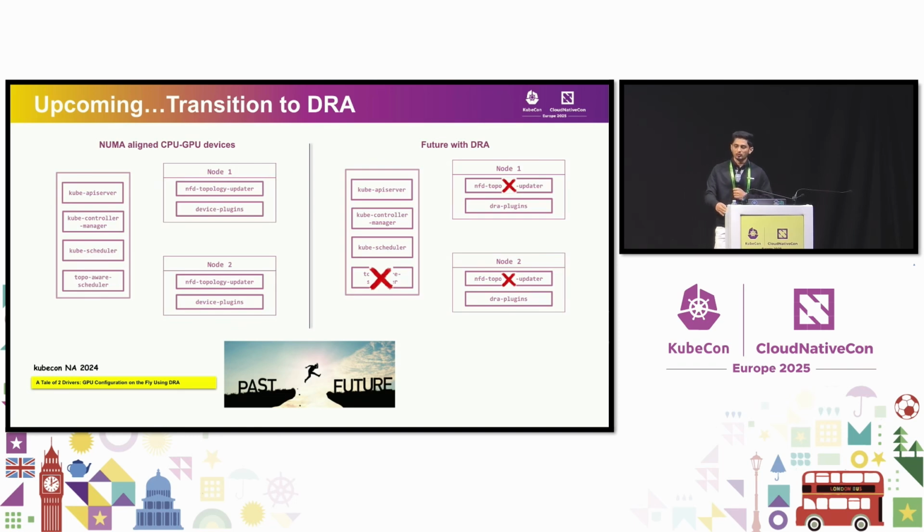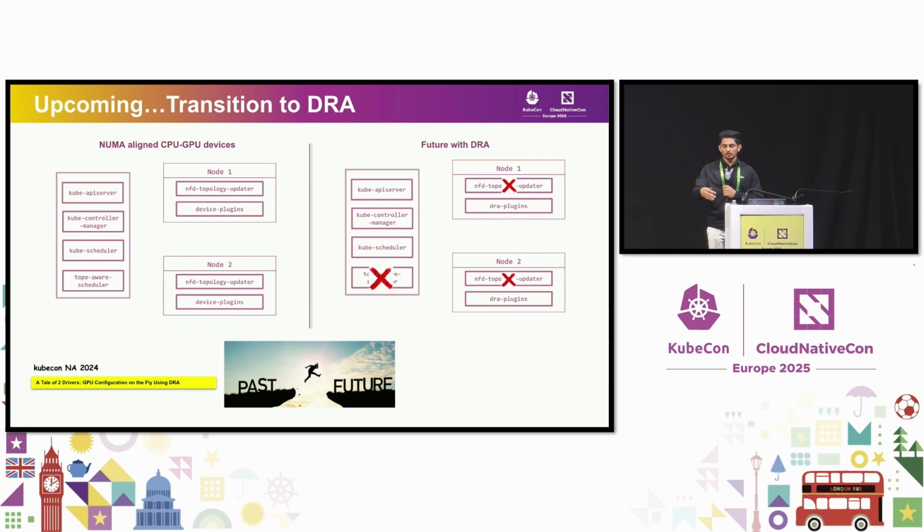quickly talking about what the current stack looks like. On the control plane, we have API server, controller manager, and the scheduler, the normal Kubernetes stuff. But we have one more component, which is called the topo-aware scheduler. This scheduler does NUMA alignment for our workloads.